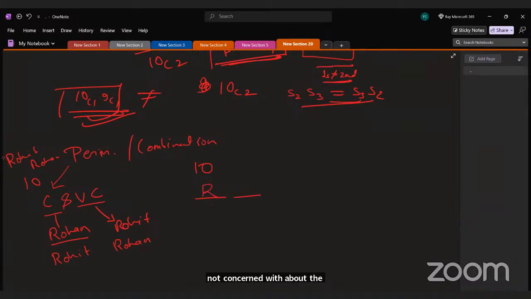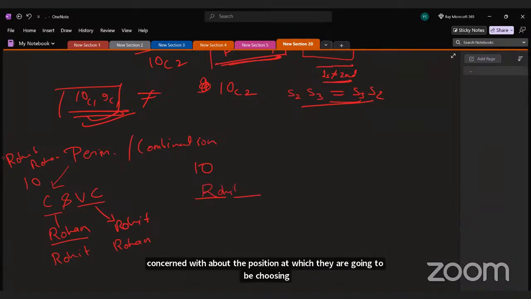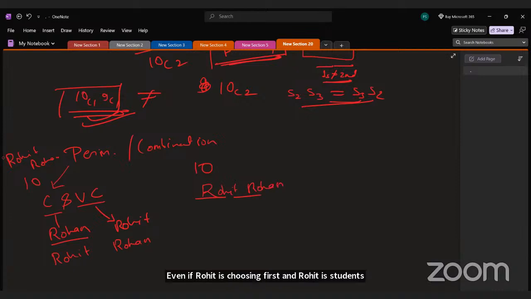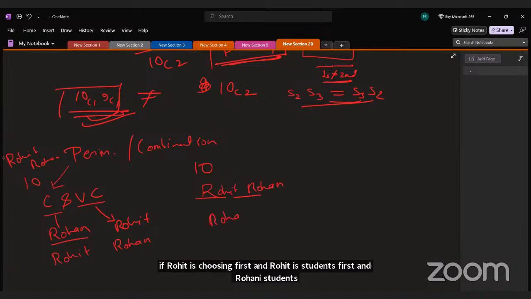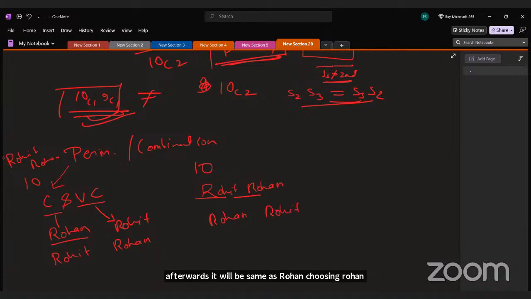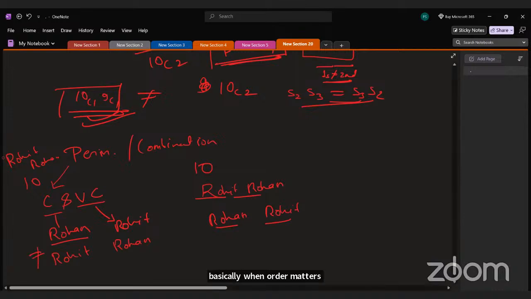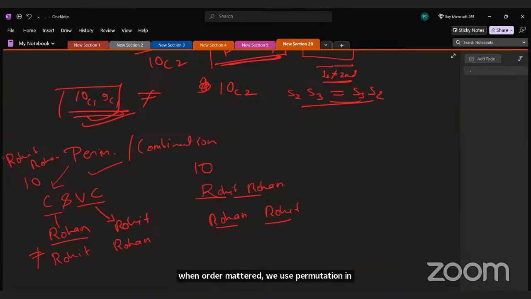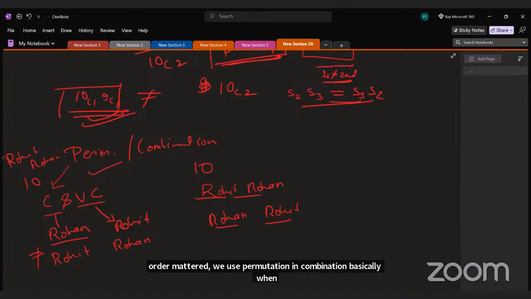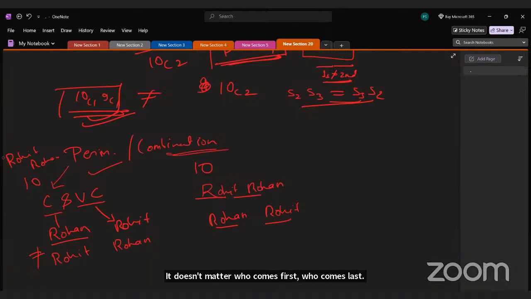Even if Rohit is chosen first and Rohan afterwards, it is the same as Rohan chosen first and Rohit afterwards. Basically, when order matters, we use permutation, and when it doesn't matter who comes first or last, we use combination. This is the very basic meaning of permutation and combination.